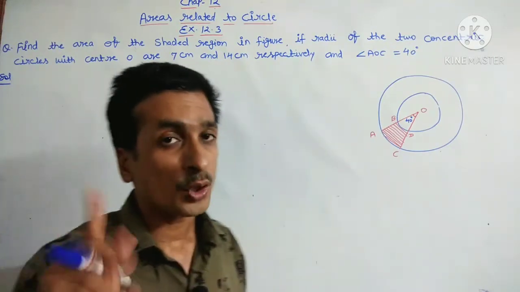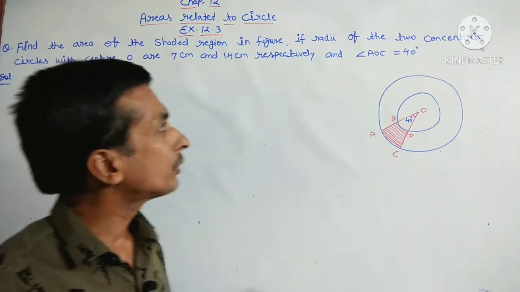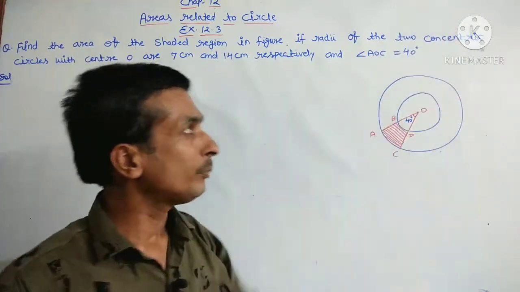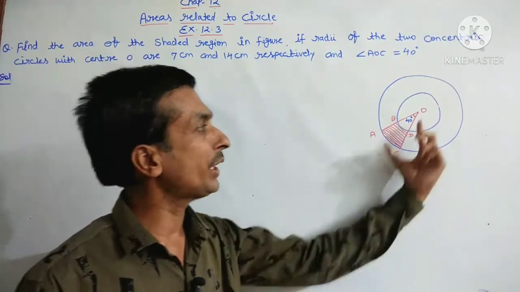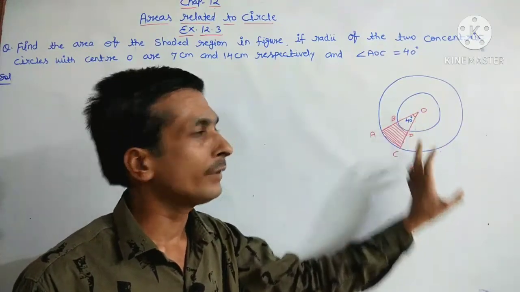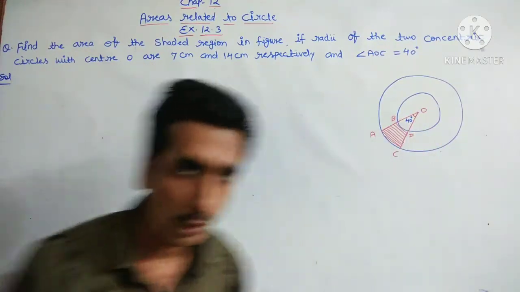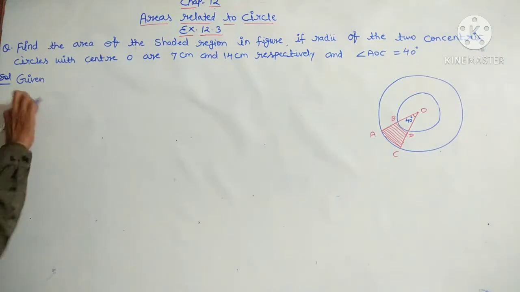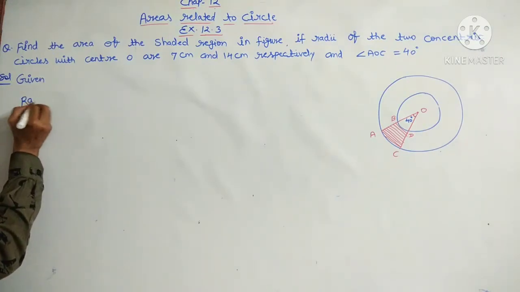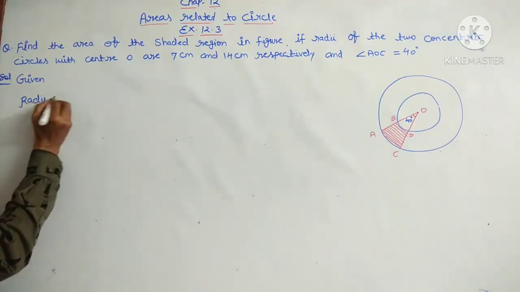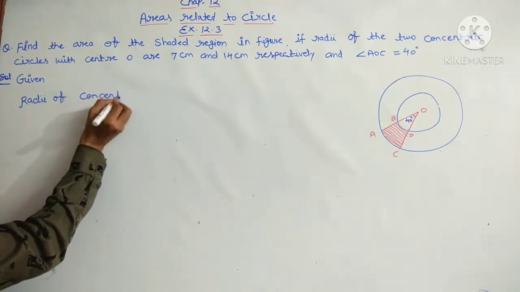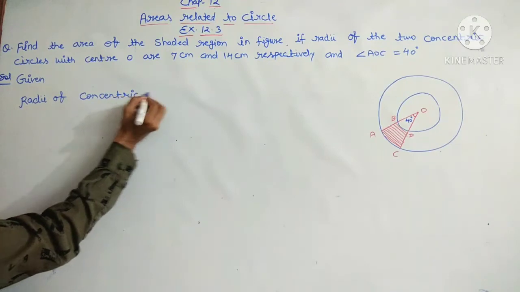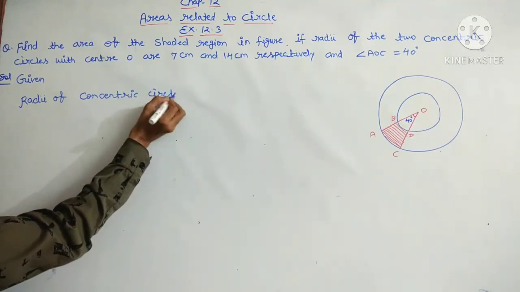First of all, we will understand the concentric circle. That means there are two circles with the same center, so they are concentric circles. How to solve? Look at this one. Radii of concentric circles.